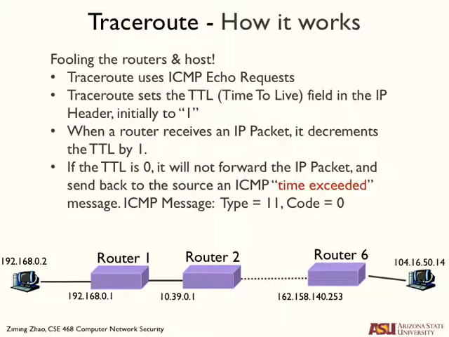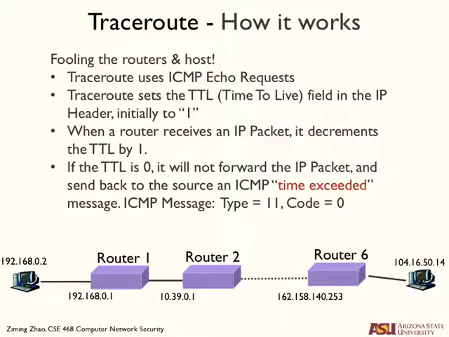So how does it work? Traceroute will fool the routers and host to make this work. First, it will send out an ICMP echo request and set the TTL as 1. So what will happen? My laptop sends out an ICMP message with TTL 1, and TTL is not a field in the ICMP header, but in the IP header.